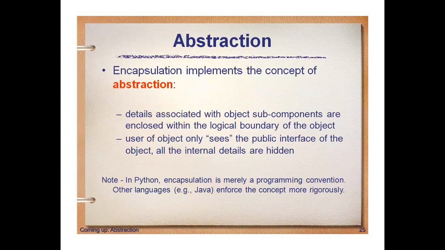We know this time and again. Simply repeating the definition: encapsulation implements the concept of abstraction. The details associated with the object and its subcomponents are enclosed within the logical boundary, and users of the object only see the public interface of the object. All internal details are hidden.